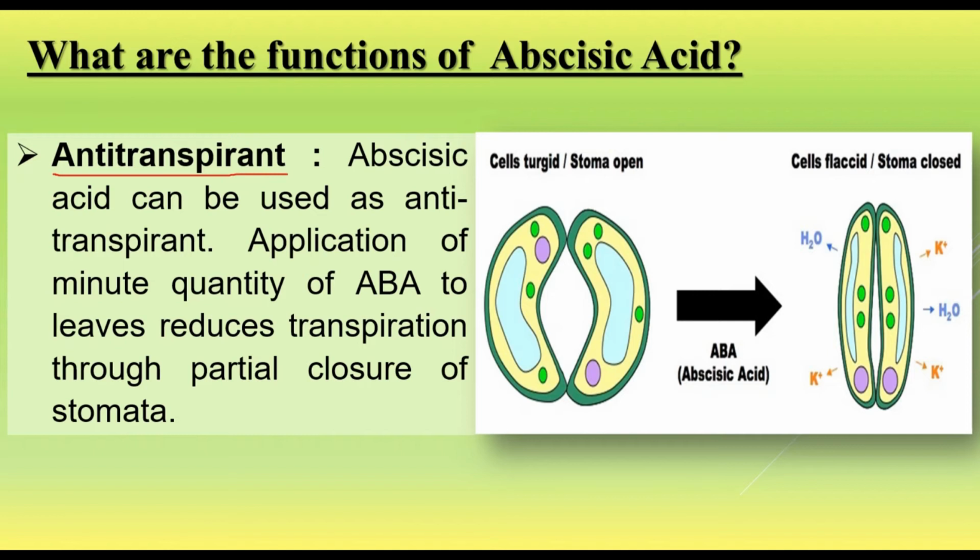This abscisic acid helps to close the stomata, thus reduces transpiration and helps to withstand the unfavorable environmental condition. Thus it acts as an anti-transpirant. It helps in closure of stomata.